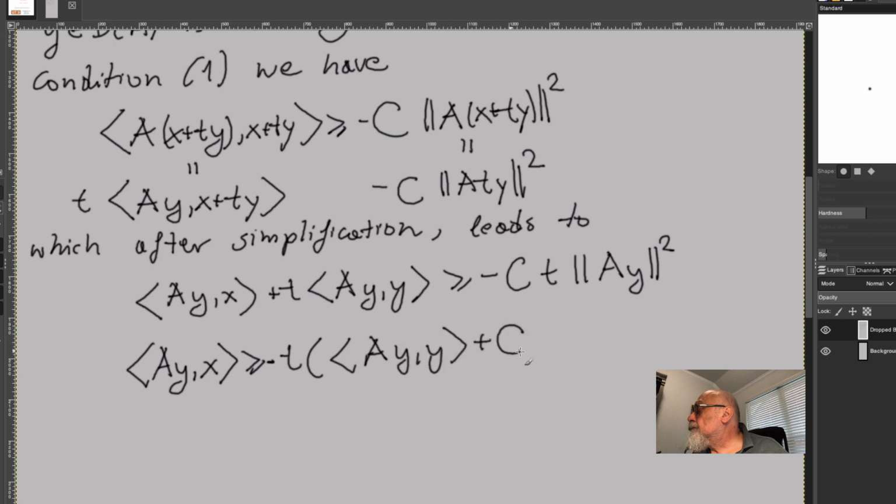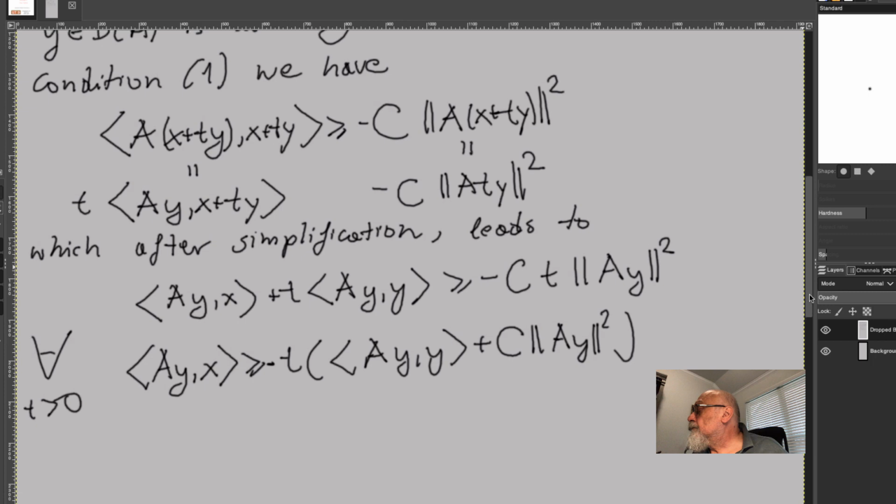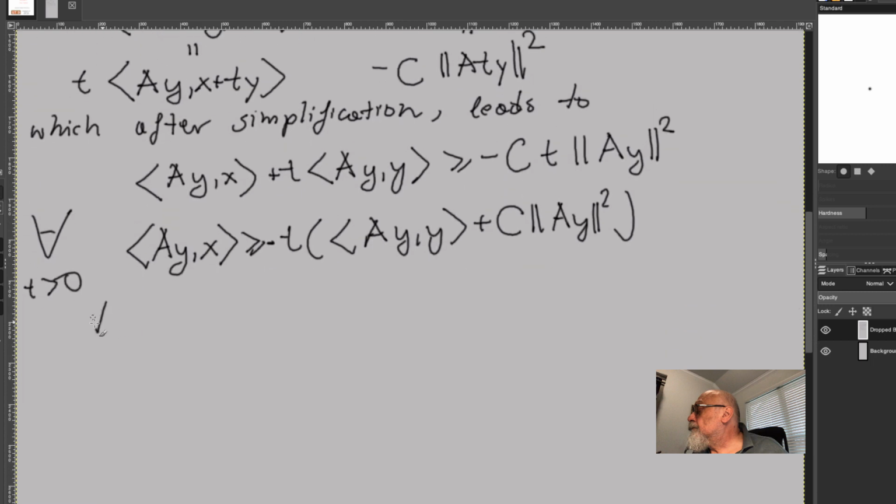So we are getting that this is larger or equal to t times minus the norm of Ay, plus C, times the norm of Ay squared. And notice that this inequality is true for every t positive, for every t positive.